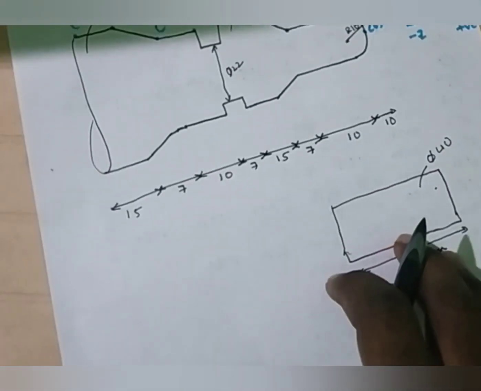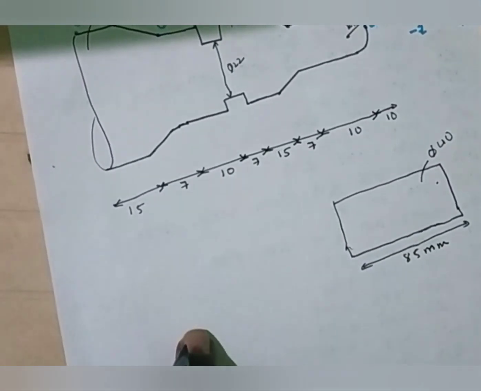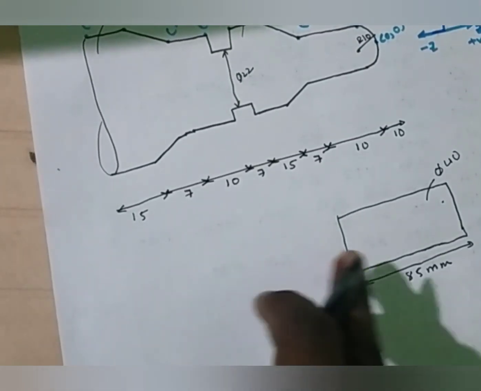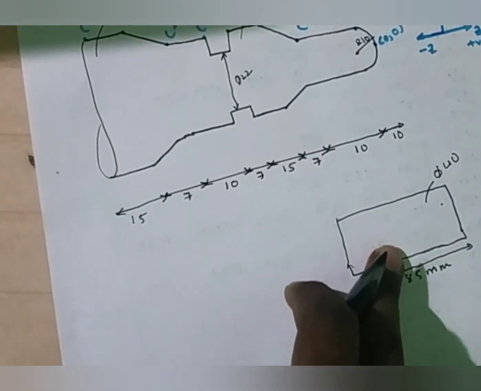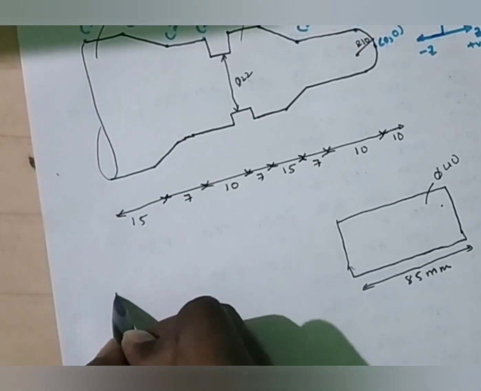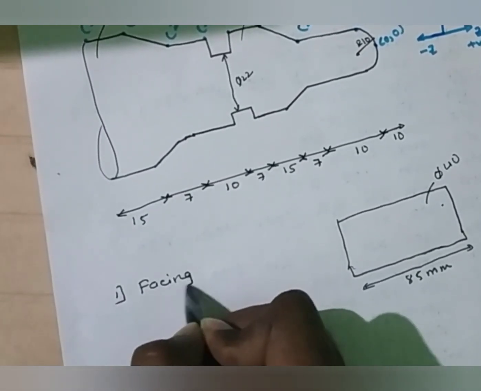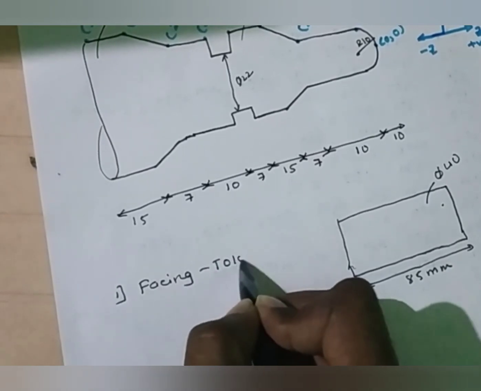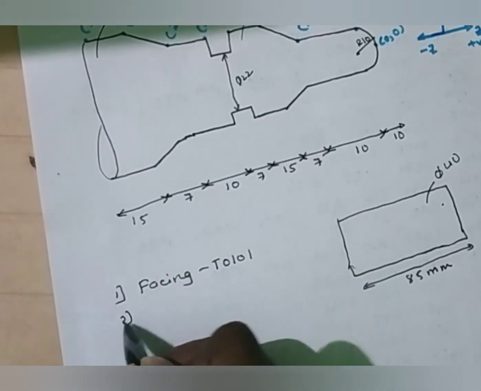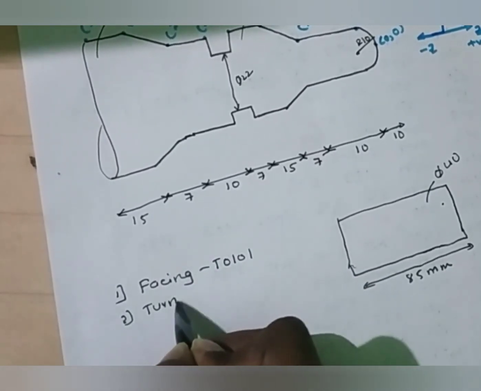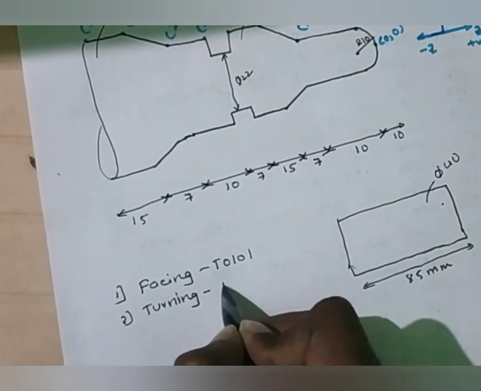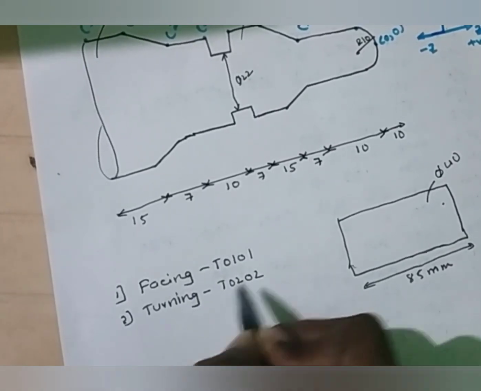Now let us list the operations to be performed in order to convert this billet or raw material into this geometry. The first operation we have to perform is facing, and for facing I am going to use the T0101 tool. Next we have to do turning. For turning I am going to use the T0202 tool.